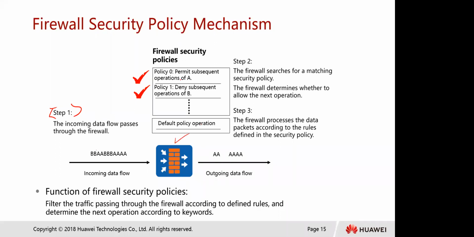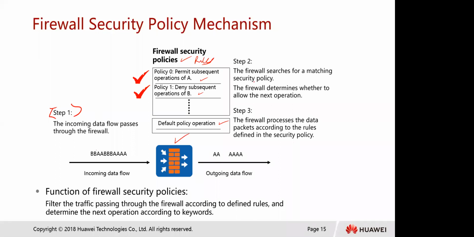When it reaches our firewall, of course, the firewall is going to check our different policies, which are rules either to permit subsequent operations from A, or to deny subsequent operations from B. So it will check those policies, or the default policy operations, in our network.